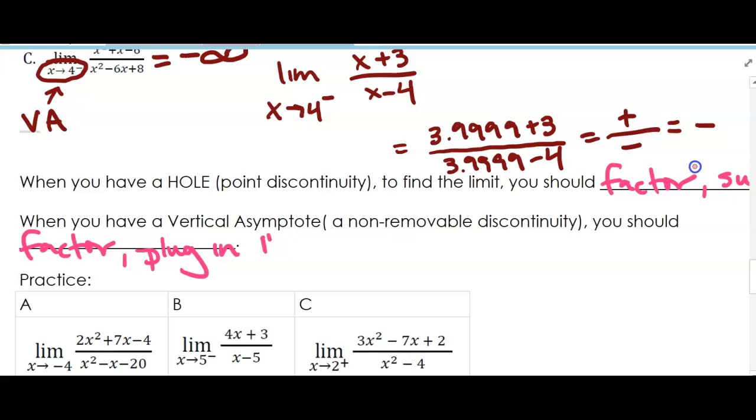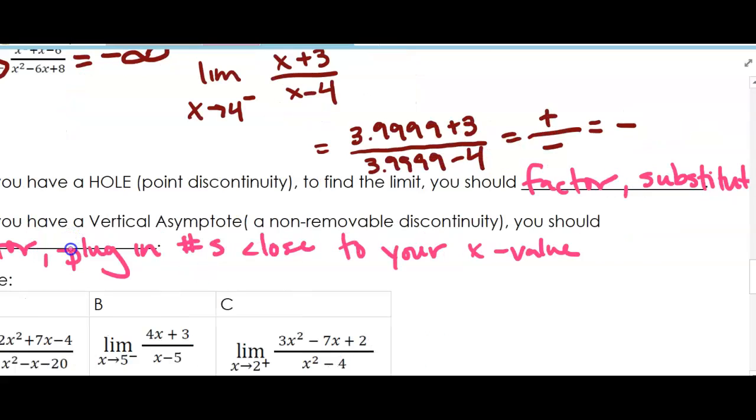So plug in numbers close to your x value to determine the limit. Ooh, that was a really ugly bracket. Sorry about that. Is it going to be positive infinity? Or is it going to be negative infinity?